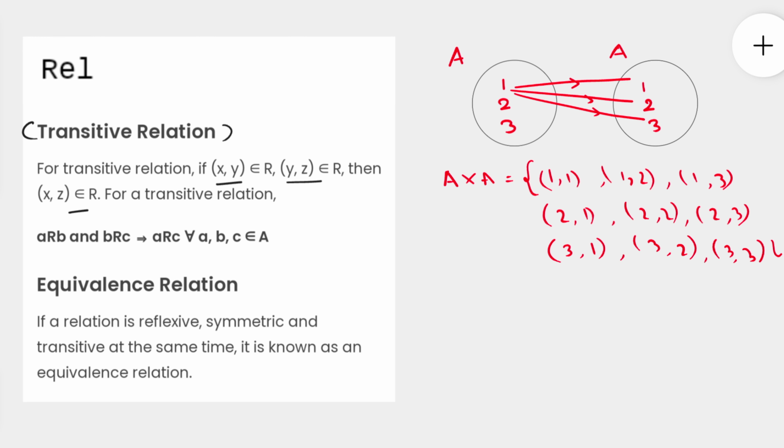Now in this particular Cartesian product, we have to see a particular thing, that suppose we have a relation R which has an ordered pair, say 1, 2 and 2, 3.